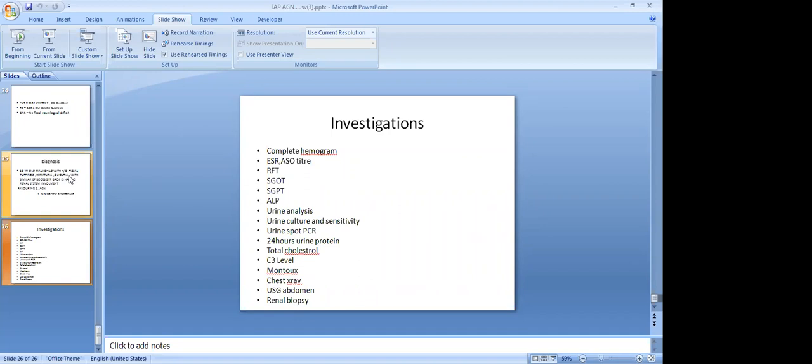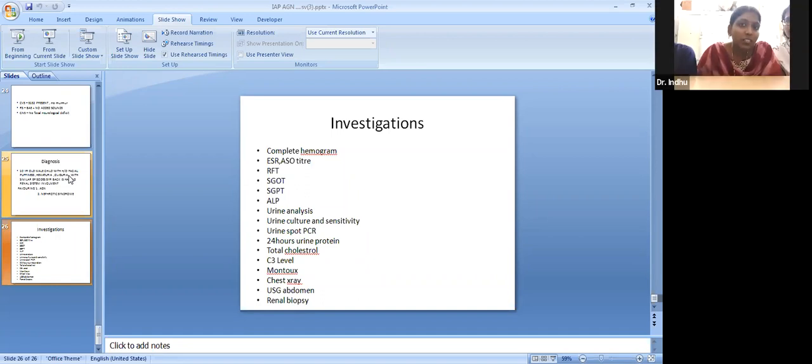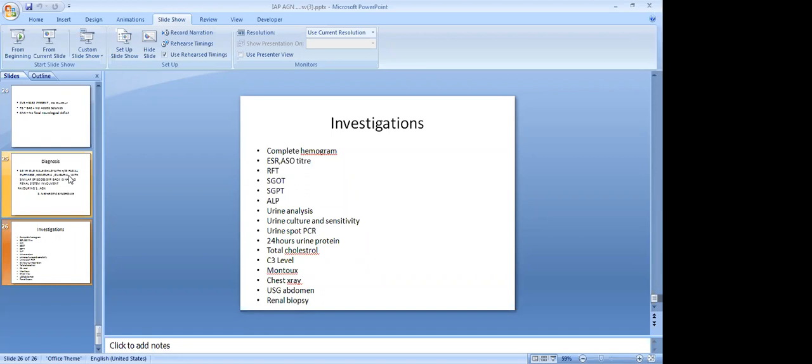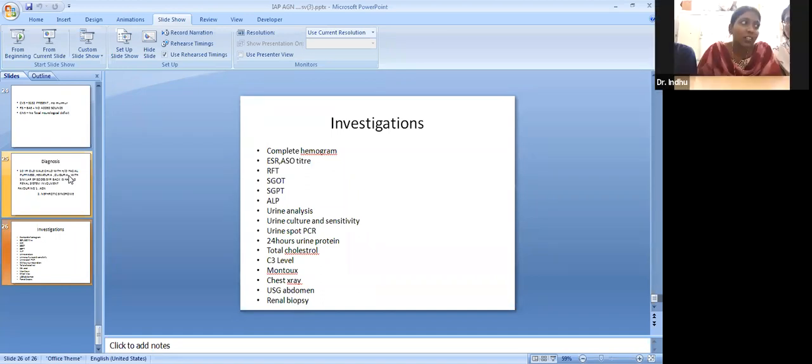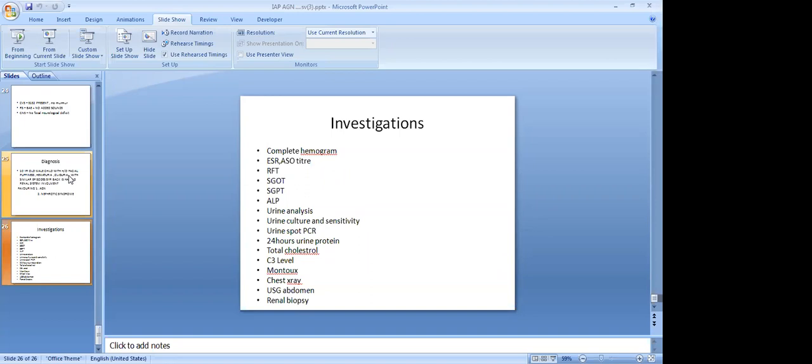What problem do you anticipate? What urea values and what creatinine values are you expecting? It will be elevated, sir. Should it be elevated in all? Okay. Okay. How do you define RPGN?